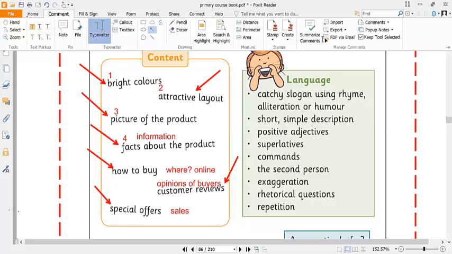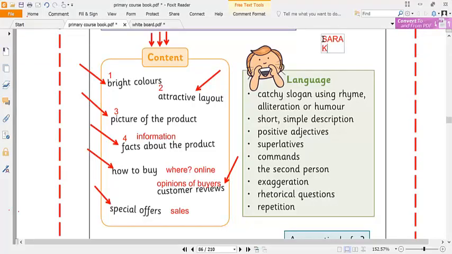You heard what I said? Yes, we are. Okay. Sarah, Kareem, and Muhammad, they named all of them in the previous minute. Let's see who will name them now. We'll give you a minute to name what is the content of the advert.